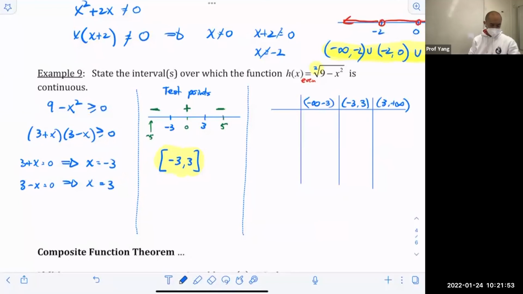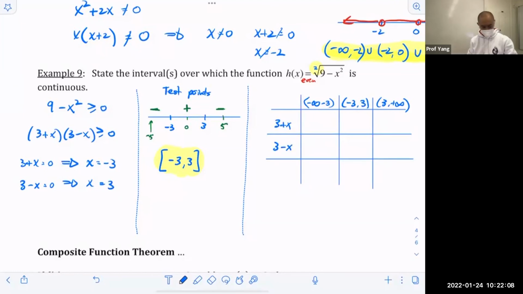Then I want to write each of the factors down. So my first factor is 3 plus x. My second factor is 3 minus x. And then I'm going to compare the signs, and combine the signs to get my actual thing down here.